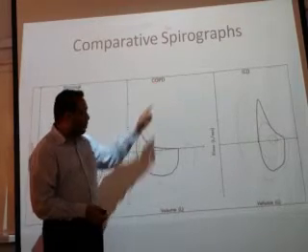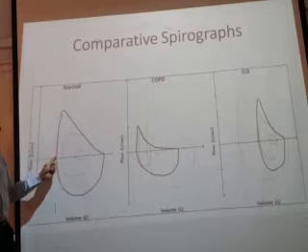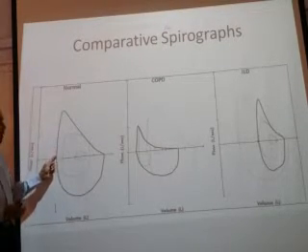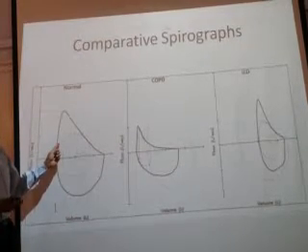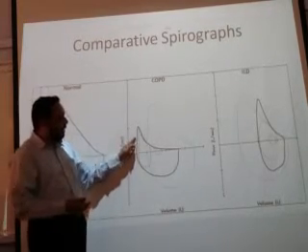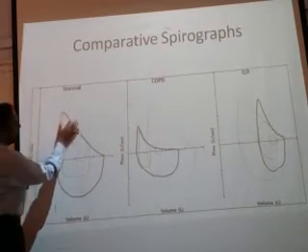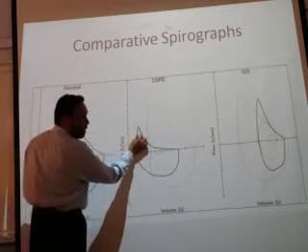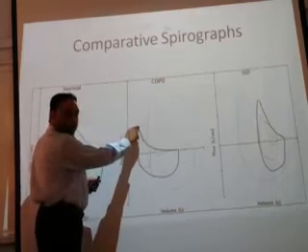The volume of air that is being forcefully expired out, there is obstruction to it. So it will not be complete. You will not be able to expire out more air. So the height is very less. And look at the angle here. It is sharp, and less volume of air is coming out.